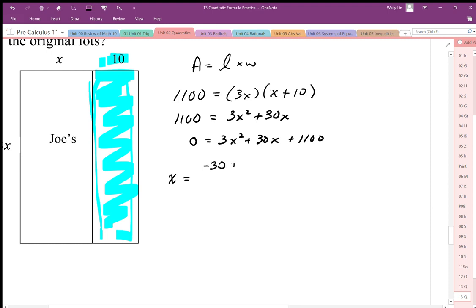Negative 30 plus minus the square root of 30 squared minus 4. Oops, this is going to be minus 1100. Minus 4 times A times C. The C is negative 1100. Okay, and that's all over 2 times A.